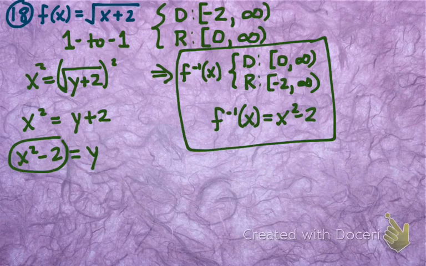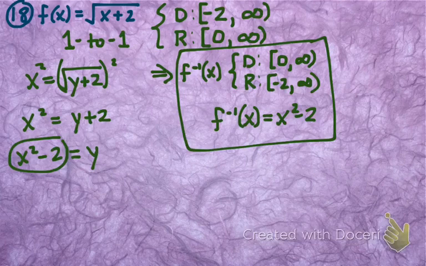So the way we do that is to define, even though the inverse that we found is actually a whole parabola, we're going to eliminate the left half of it so that it would actually reflect and be the inverse of what we were given.